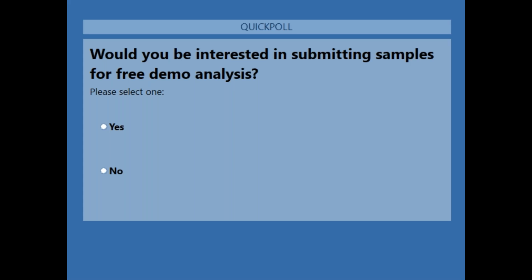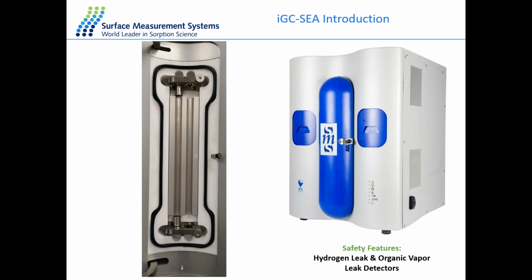So I think we will move on to our last presenter for today, Dr. Meishan Go. Meishan is our application engineer. She obtained her master's degree in chemical engineering from Imperial College London, and a PhD, where her research project focused on investigating the properties of fragrance molecules with solid substrates by diffusion and sorption.